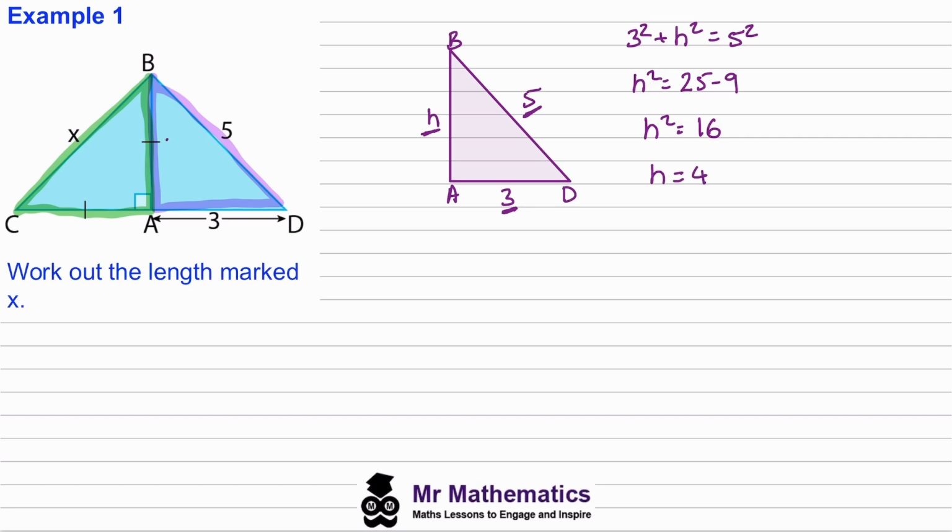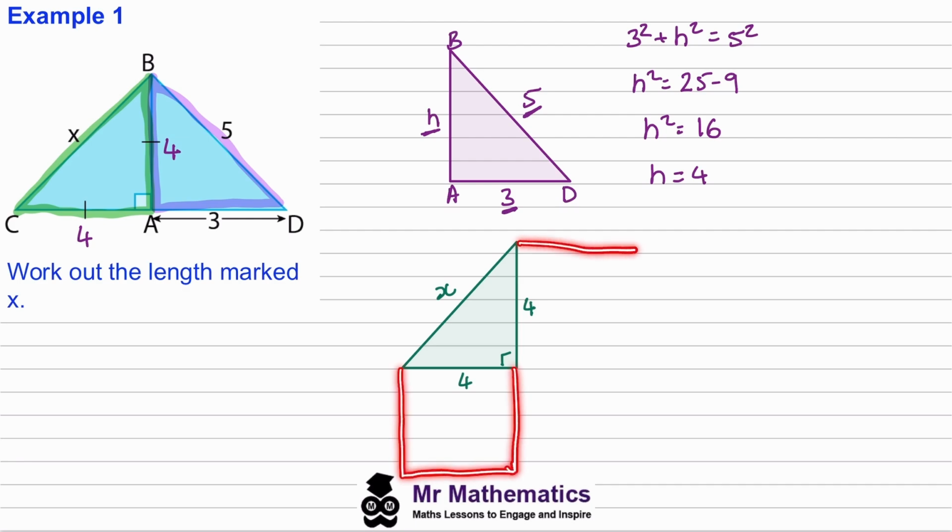And I'll include this on the diagram here. And because it's isosceles, we know A to C will be the same. So now we can look at the green right-angled triangle. We can work out the hypotenuse, x, using the same idea. The area of a square on this side plus the area of a square on this side will give us the area of a square on the hypotenuse side.